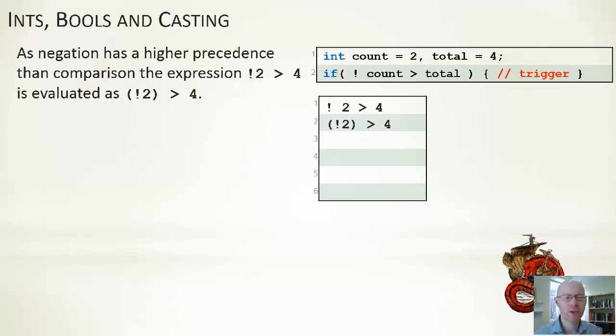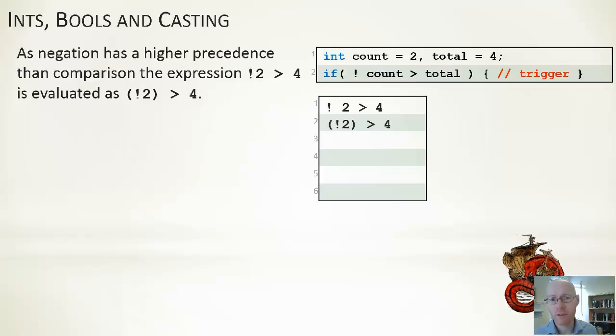Now, not 2, we've a small problem with this, because how do we do that? Not 2 doesn't really make sense. The notion of negation applies to Boolean variables, to true and false. A true becomes a false, false becomes a true. That's negation. So what C++ does here, it has a negation operator. It needs a Boolean value, but I've got a 2.